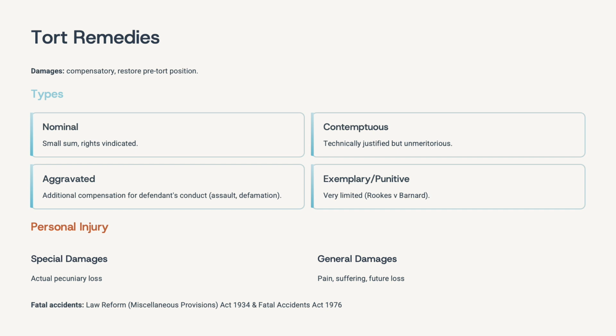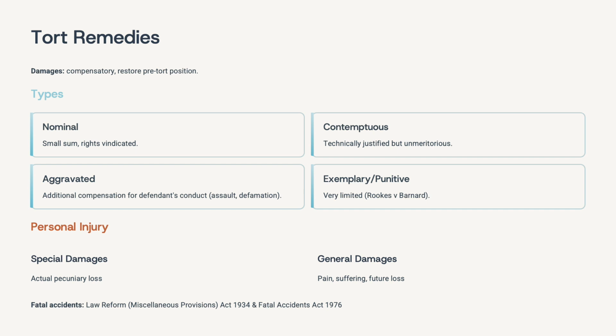Then we have contemptuous damages, which are even tinier, awarded when your claim is technically valid but really should never have been brought to court. Think of it as the legal equivalent of being told, "Bless your heart, but that was a bit pointless. There was no point coming to court."